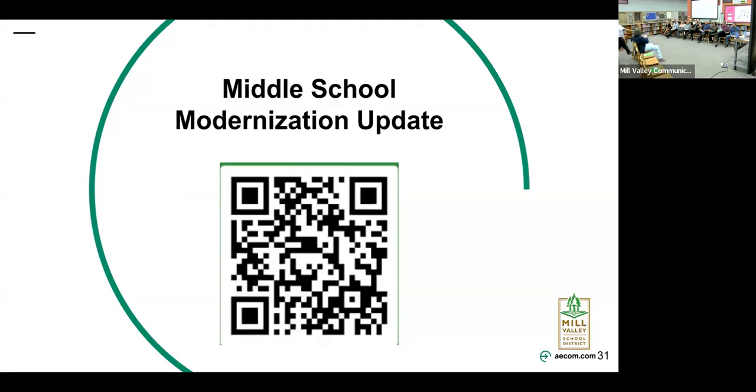Yeah, we will get to the middle school in a second. I just want to make sure that we capture it. I think again, the question was around the actual building facades, basically the outside of the buildings. If we were to go ahead and build projects at Strawberry and Tam this summer, would that money be wasted?